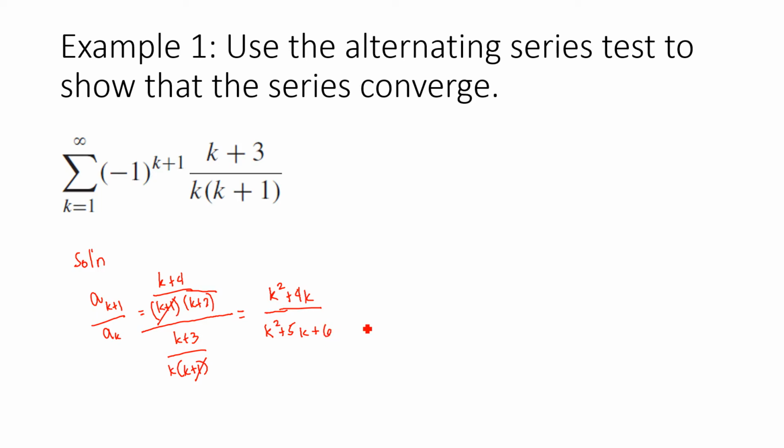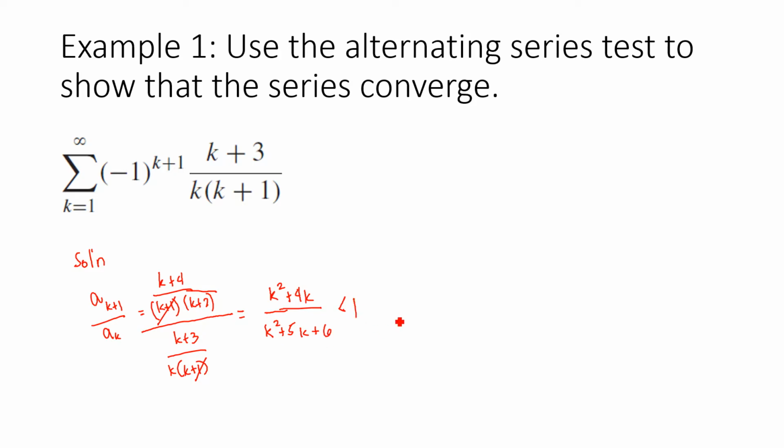So if we substitute any number here, let's say 1, you have 5 over 12. Clearly, that is less than 1.